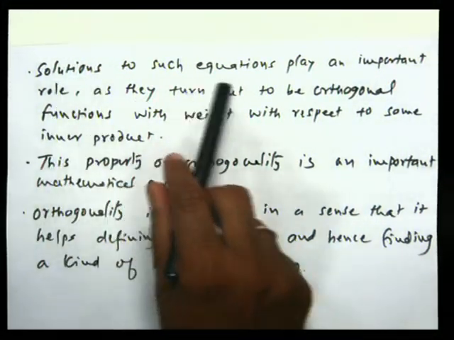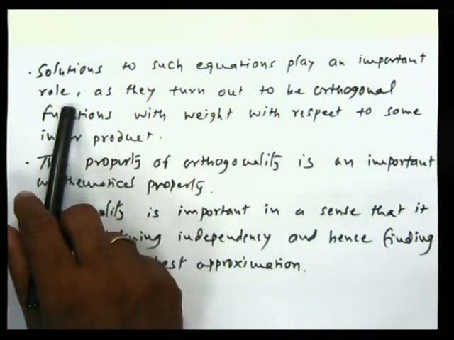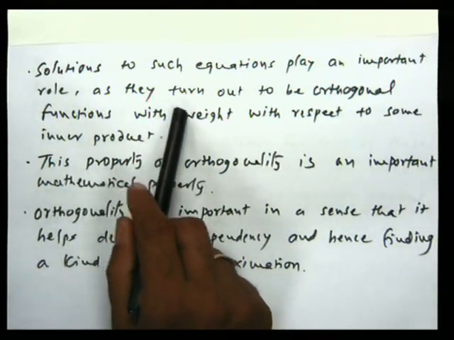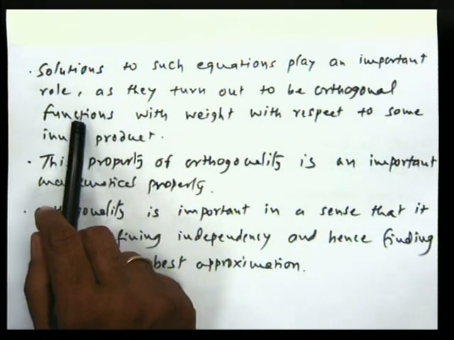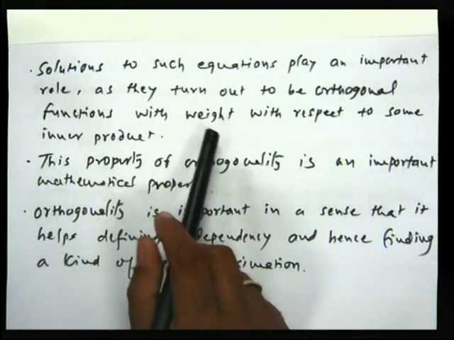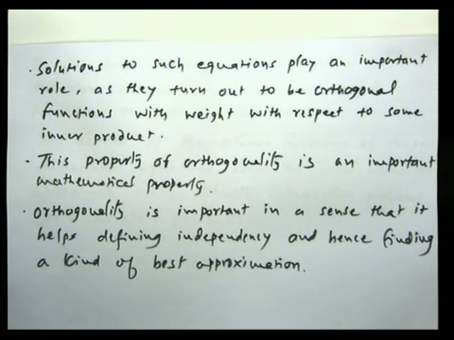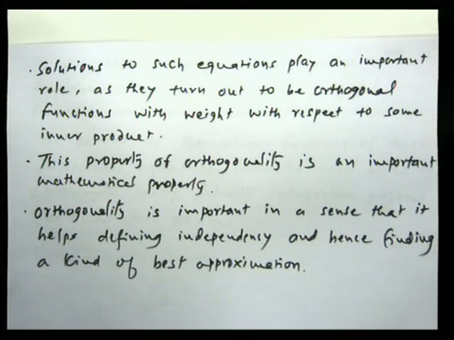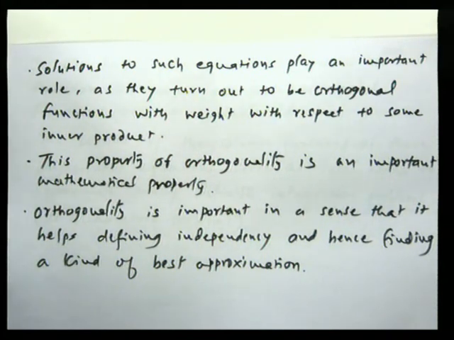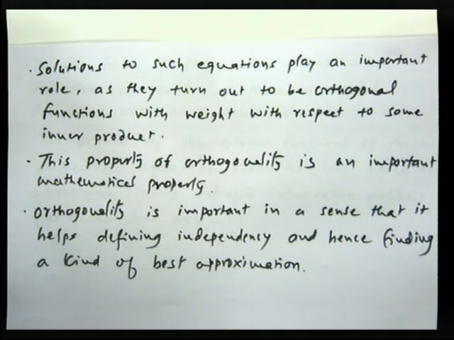These solutions play an important role as they turn out to be orthogonal functions with weight with respect to some inner product. So, this solution turns out to be orthogonal functions. You need to multiply them by some kind of weight when you define some inner product over that.